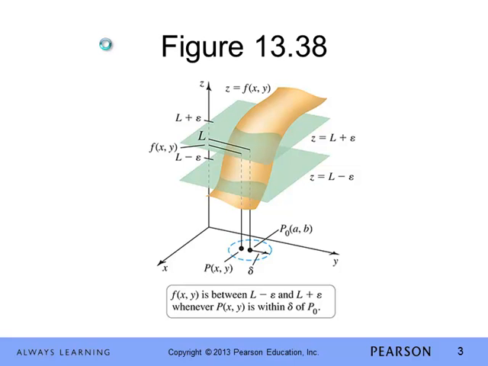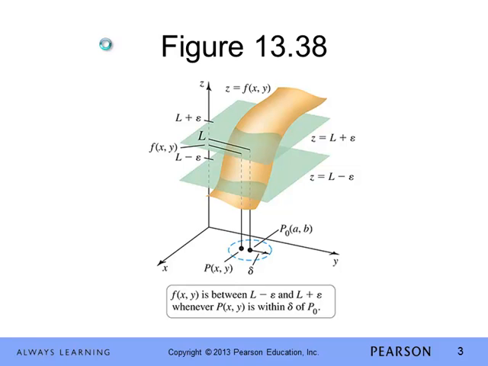And we're saying that we can find a value for delta such that every point P within that delta neighborhood centered at P sub 0 will get mapped to within that epsilon neighborhood.